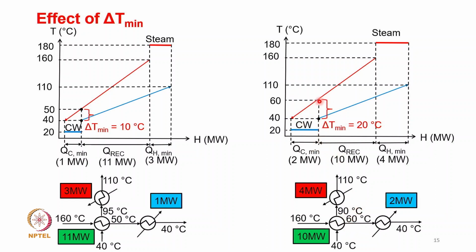So eventually it stops at 60, and you need to bring it down to 40. You additionally require a cooler. So overall reclaimed heat recovery would be limited to 10 megawatt.